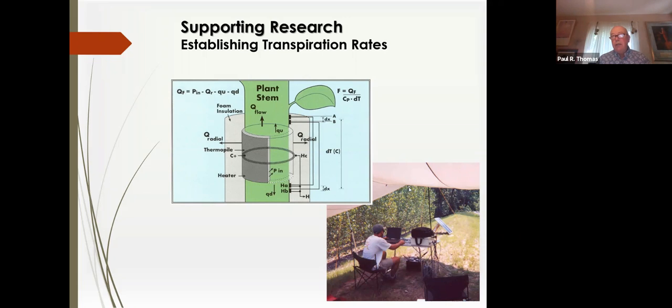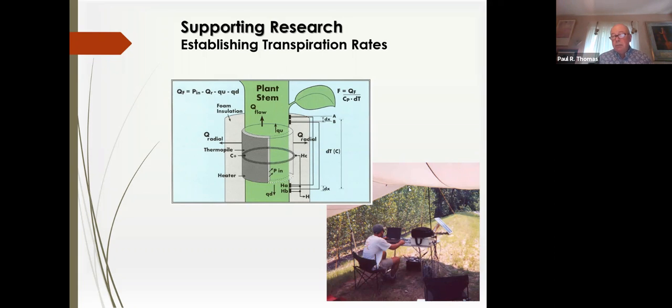And sap flow is a function of the heat transfer going up or down. And basically you can measure this in real time with sensors above and below that heat source that allows you to quantify sap flow. If it's a collar, then you can measure it directly. If it's a point source, then you have to measure the size of the trunk of the tree and then apply some calculations.